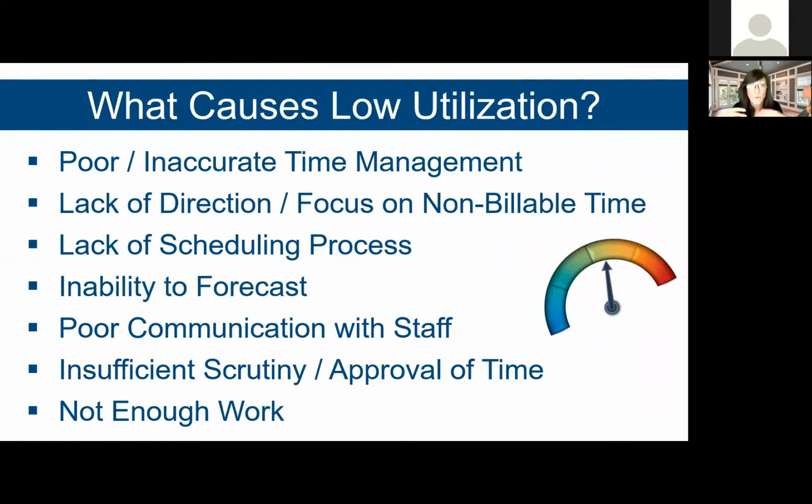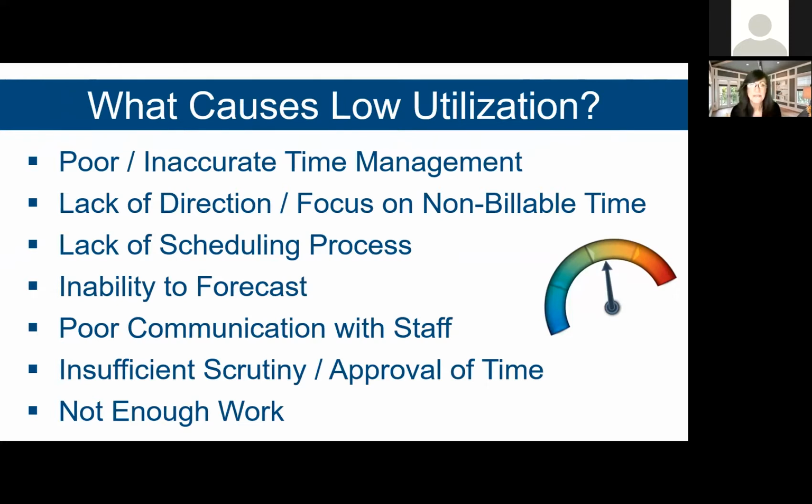Are they wasting time? But it also really goes back to their time sheets and how well they are actually putting their time on their time sheets, tracking their time, tracking what they do. So that's the first point that we're going to elaborate on.